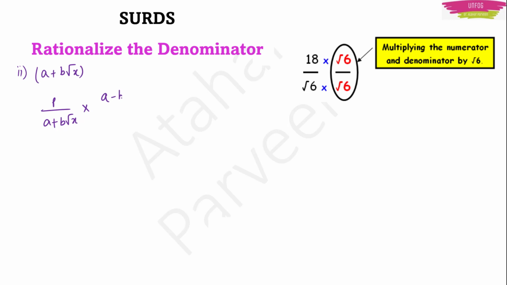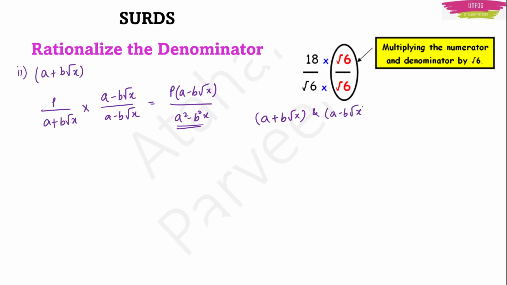What will be the conjugate? A minus b root x by a minus b root x. With this, what is happening? In the denominator, I will get a square minus b square x, which means I have rationalized the denominator. In the numerator, I will have P into a minus b root x. So a plus b root x and a minus b root x, they are conjugates of each other, or they are rationalizing factors of each other.